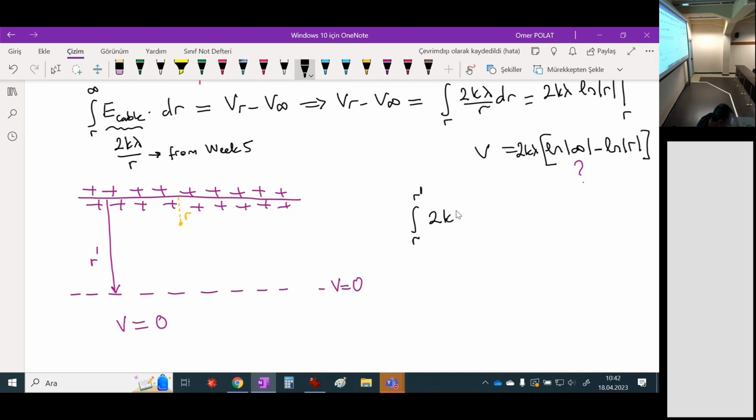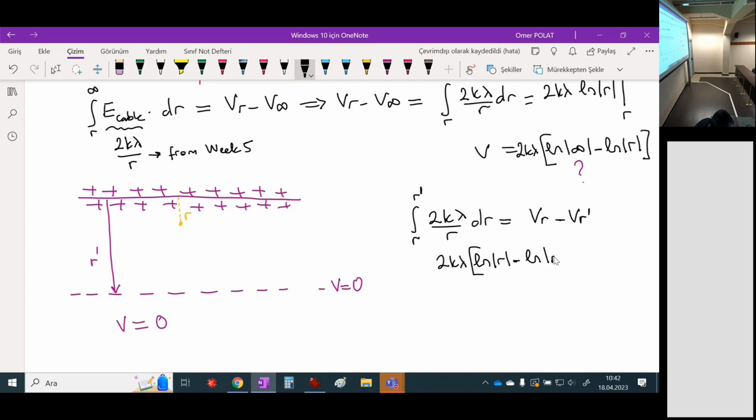This is the solution, the integral of 2K lambda over R dr. In this case, this gives VR minus V R prime. Now, 2K lambda times (ln R prime minus ln R).